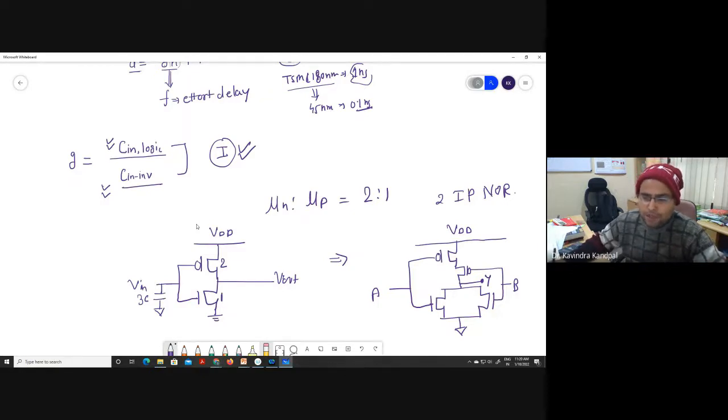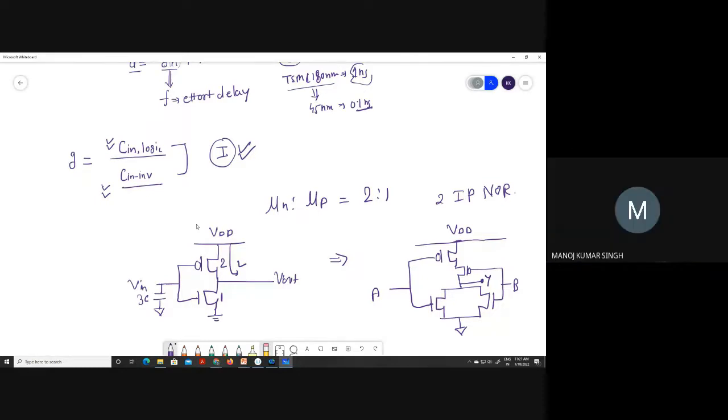For example, if you want to have the same driving capability, if the pull-up path has an equivalent W by L equal to 2, then you would ensure that even in the worst case, it should also have an equivalent W by L equal to 2. But for the charging case, there is only one case, that is both the PMOSs need to be turned on, then only the charging will happen. So having an equivalent W by L of 2 means individually they should have W by L equal to 4 and 4.